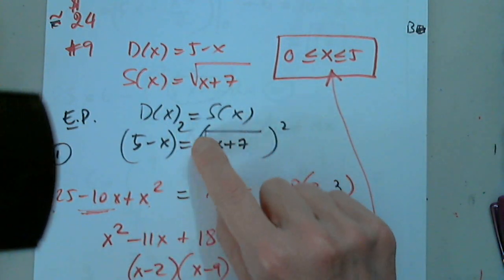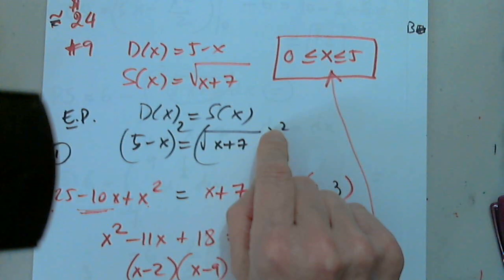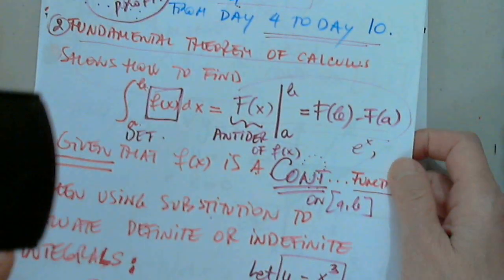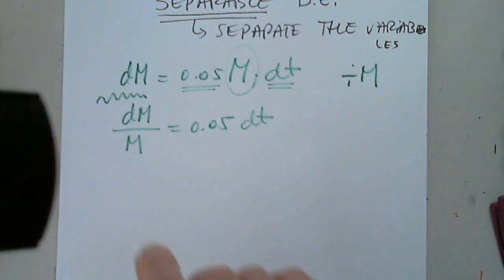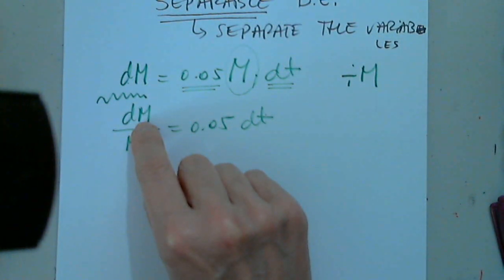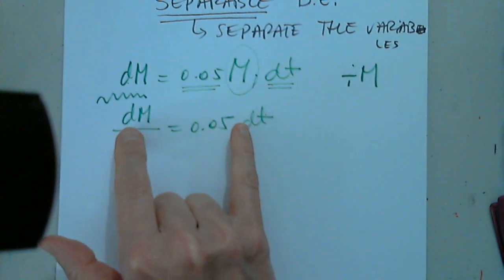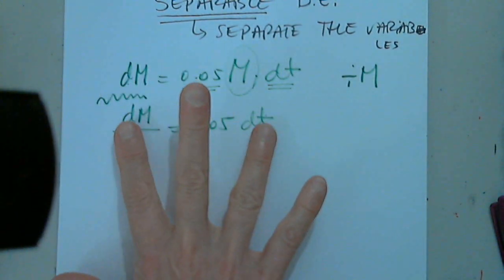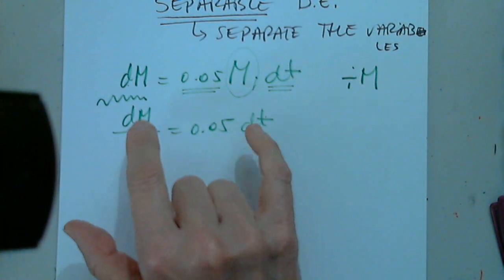We applied the inverse operation of the square root. So now I want to solve this. I see a derivative on this side and I see a derivative on this side. What is the inverse operation that has to be applied to both sides, to the derivatives?